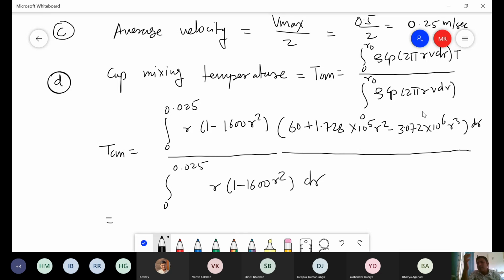The cup mixing temperature is nothing but the temperature averaged over energy across the cross section of the pipe. This is the standard formula used for calculating the cup mixing temperature, where not only the distribution of velocity but also the temperature is used in the numerator, and divided by only the distribution of velocity. Okay, clear? Is it clear to the student who asked? Yes, sir. Okay.